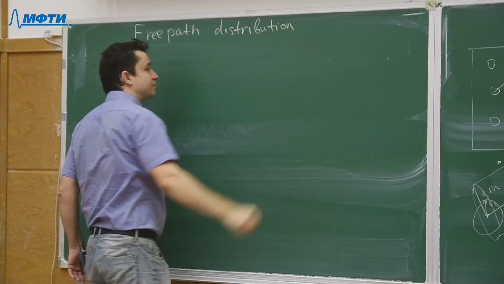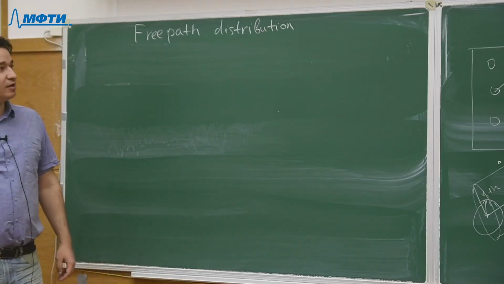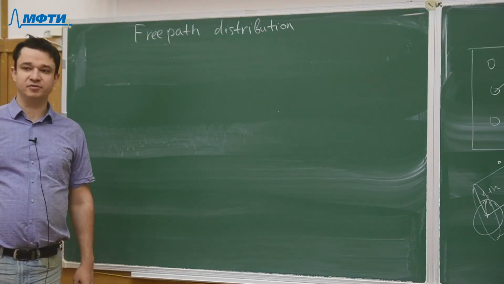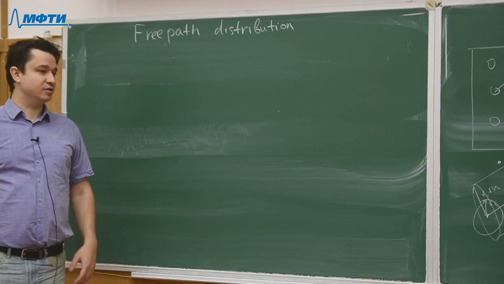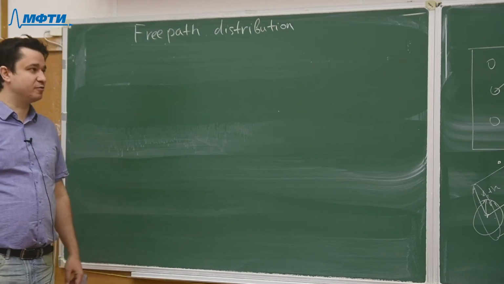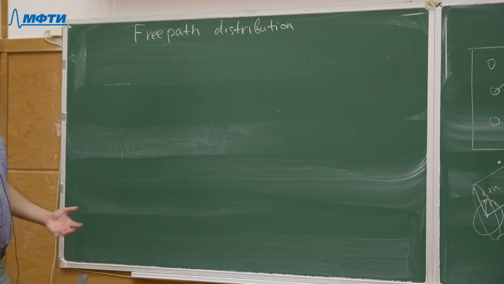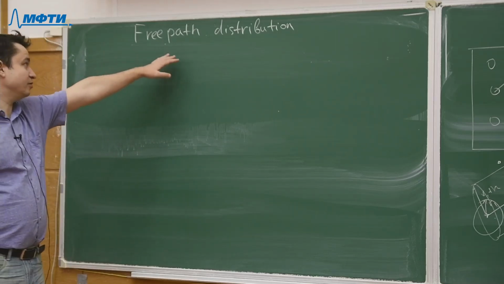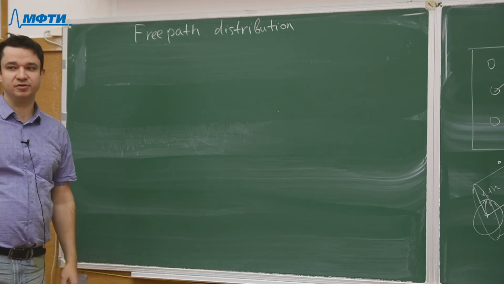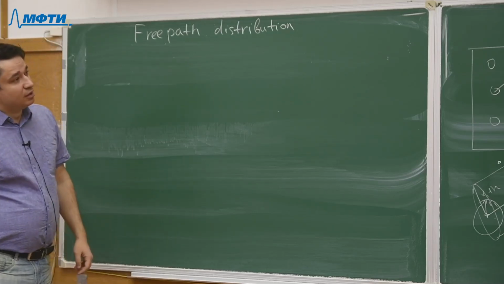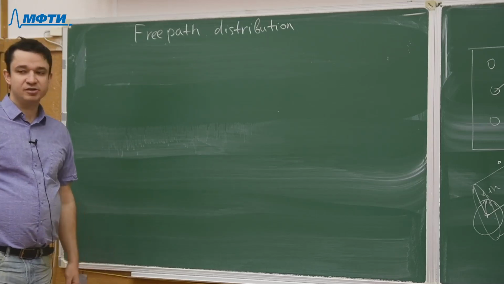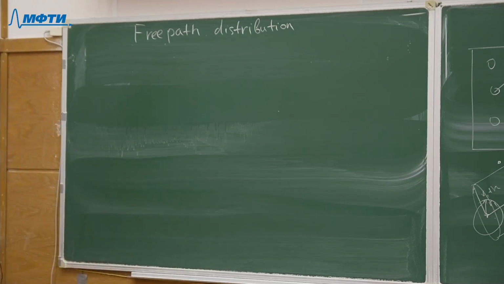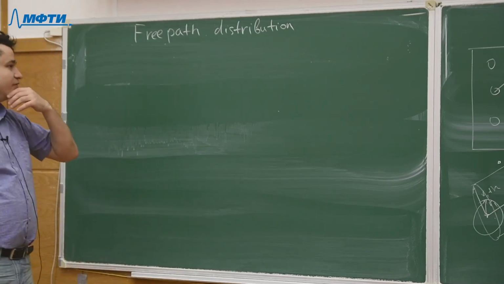As I have said at the very beginning of this lecture, the distance traveled between collisions is a random value, and it changes from time to time. Of course, it is now a continuous random value, the free path in between two subsequent collisions. So for this random value we need a distribution.